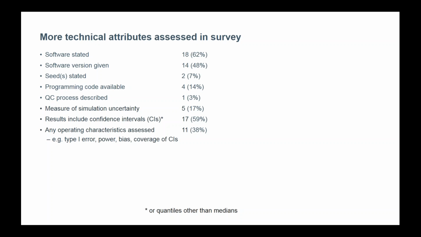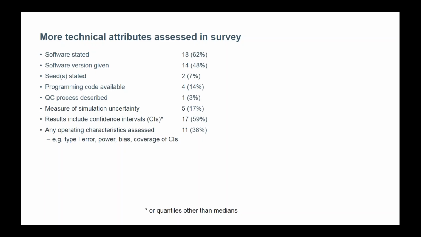A fairly low percentage included any measure of type 1 error or power or bias, and that probably again goes with the use of modeling and simulation at least as much for hypothesis generation as for hypothesis testing. Okay, that concludes my summary of the paper and a look at some of the issues surrounding that.